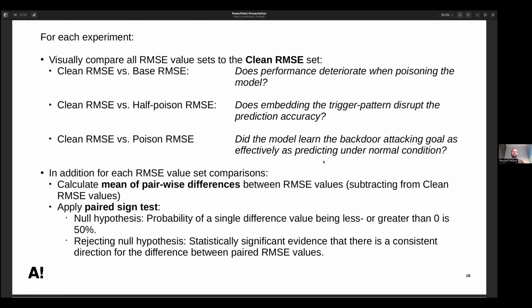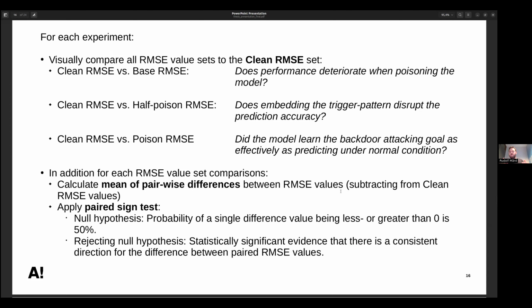And yeah, in addition to the visual comparisons, we also calculate the mean of pairwise differences between the RMSE values. So here, each of these RMSE sets originate from the same test data set.